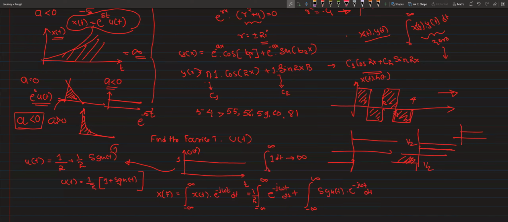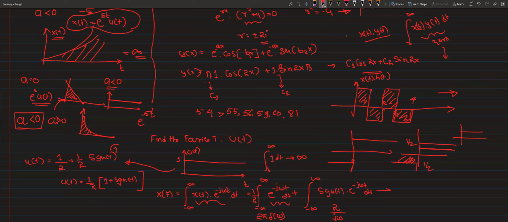We know that the Fourier transform of 1 is a standard formula: it is 2 pi into delta of omega. Same way, the Fourier transform of signum of t is 2 by j omega. These two are standard formulas.